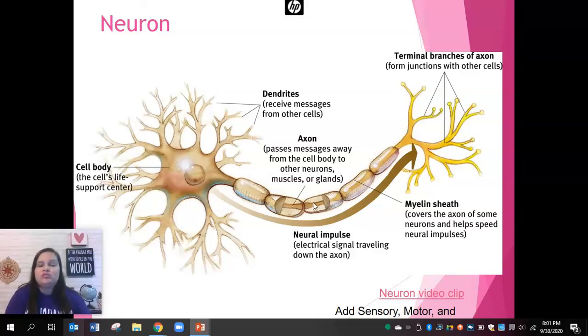Our axon is wrapped in a fatty tissue called myelin sheath. And myelin sheath actually continues to thicken or grow as we get older. And that's why some of our thinking and mental processing gets better as we age, because we continue to have more myelin sheath develop, which helps to speed the neural transmission.